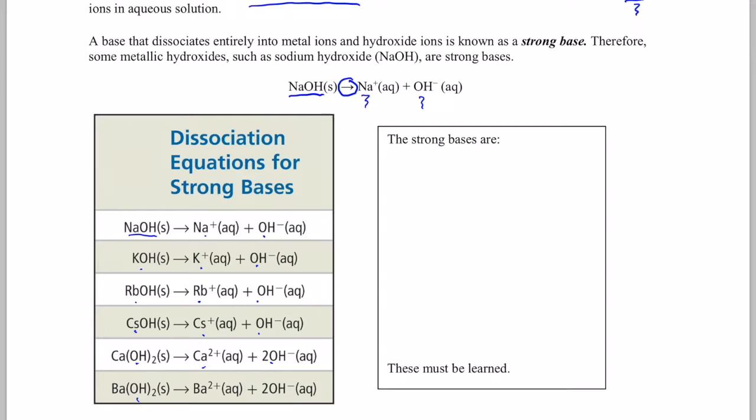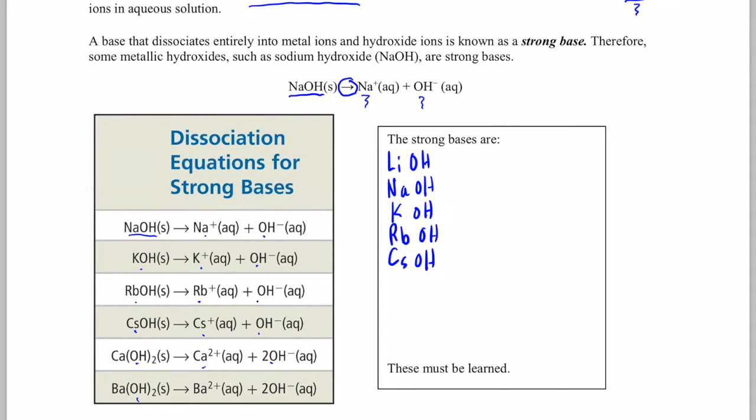And just like the strong acids, kiddos, you're going to be responsible to learn those. So it turns out that the group 1 hydroxides are considered to be strong bases. So that would be lithium hydroxide, sodium hydroxide, potassium hydroxide, rubidium hydroxide, and cesium hydroxide.